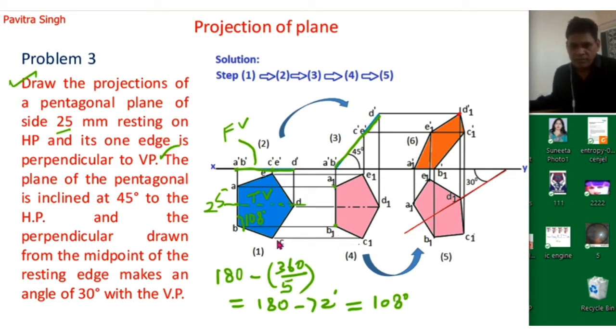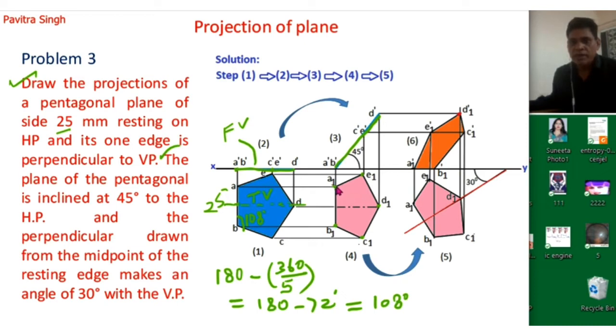Similarly, a horizontal line from point C and a vertical line from point C dash will meet at point C1. Again we draw a horizontal line from point D and a vertical line from point D dash, and this will be the new point D1. The intersection of the horizontal line from E and the vertical line from E dash will give you point E1.